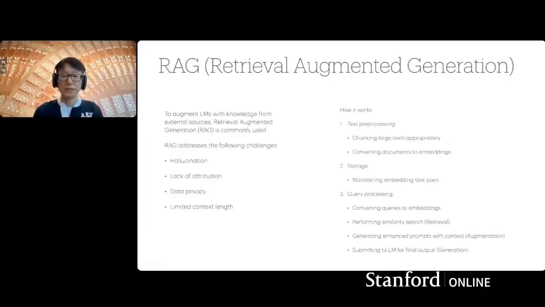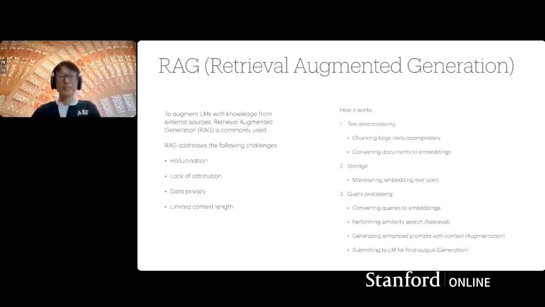This allows you, as an application developer or a system developer, to prepare systems so that you could use your own proprietary data set or text, and make good use of a small context length because it only selects relevant data.